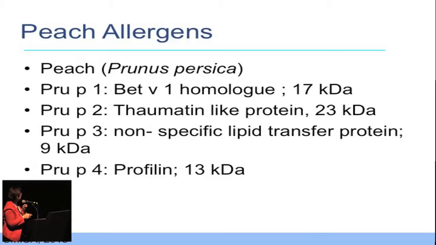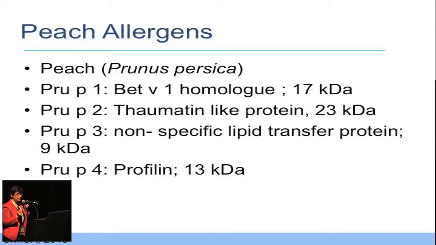One is the Bet v 1 homolog, a protein of 17 kD from the Bet v 1 family. It's very closely related to the birch pollen major allergen. Then we have a thaumatin-like protein, and we have Pru p 3, a non-specific lipid transfer protein, which is a very small but very robust protein, and it stays in our intestine for quite some time until it gets absorbed.